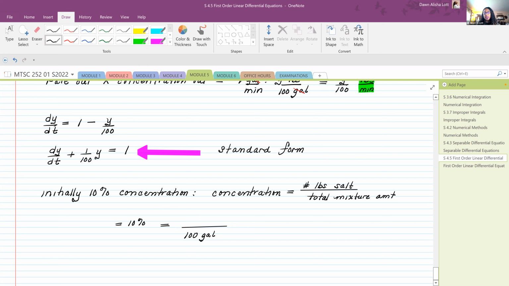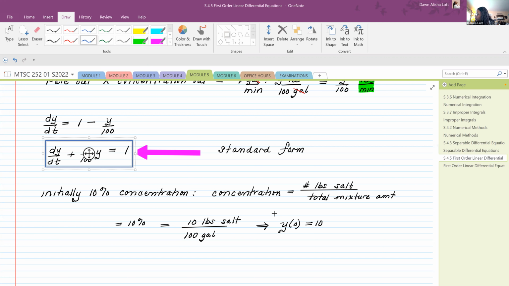The only way I can get 10% is if I have 10 pounds of salt. So that implies that y of 0 is 10. So here is my differential equation, and here is my initial condition. Any questions?